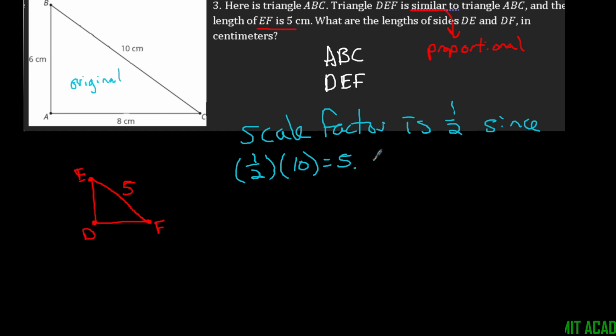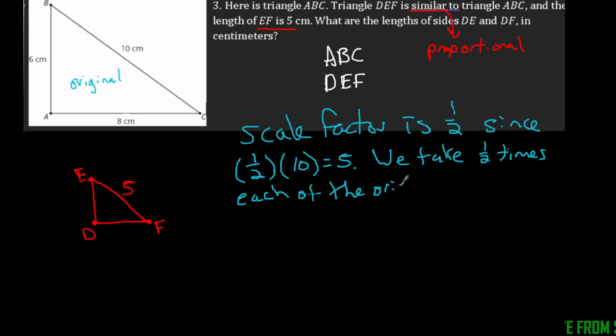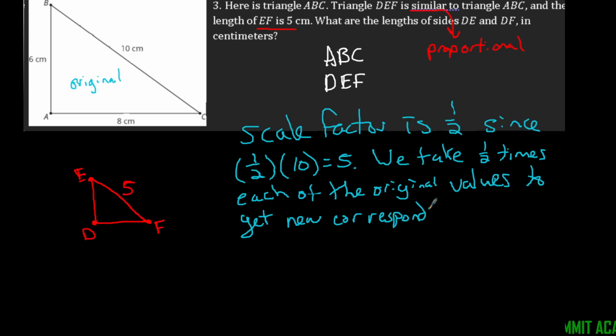So then we take 1/2 times each of the original values to get the new corresponding sides.